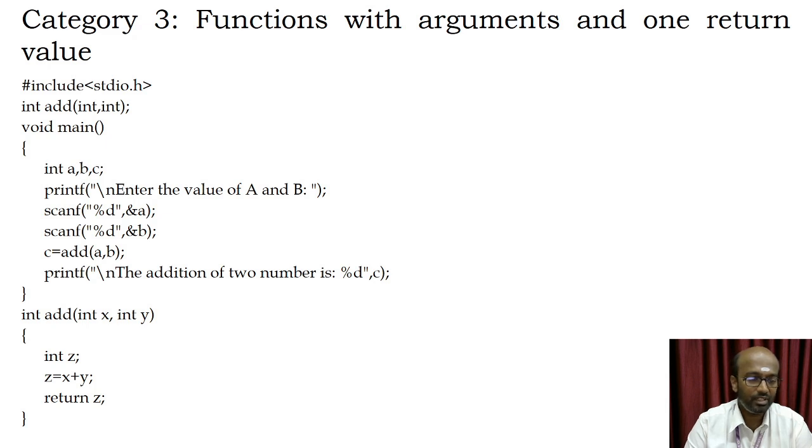In function definition, we have received two inputs x and y, and int z is the variable declared inside the function. z is equal to x plus y. The values are added and stored in z, and the value z is returned, and the value in z is stored in c, and the value is printed.